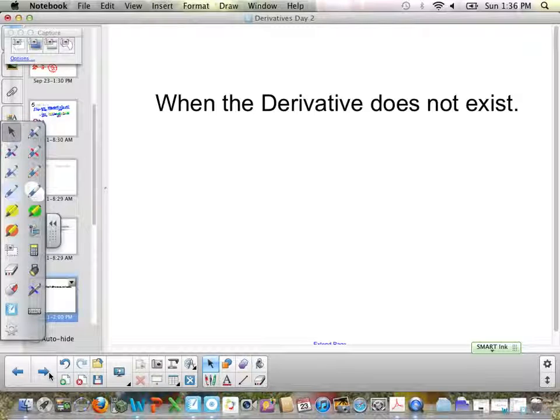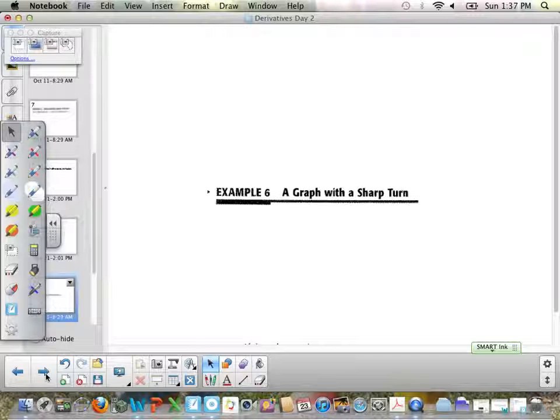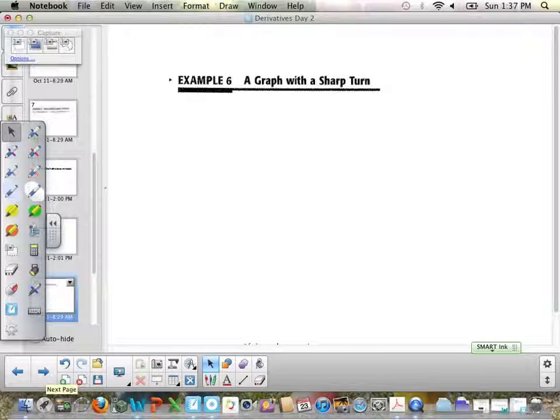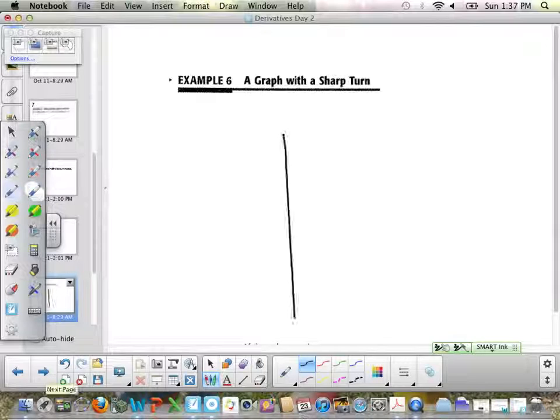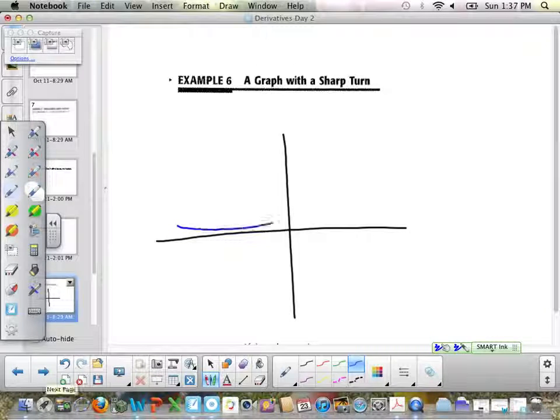There are a couple of times when the derivative does not exist. Okay, first off, the derivative does not exist if the function is discontinuous. We just talked about that. Number 2, a graph with a sharp turn. Let me show you an example. Here we got a graph. We throw in a sharp turn.